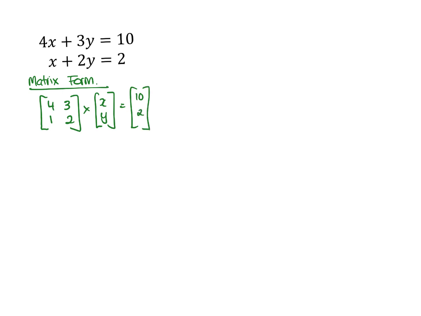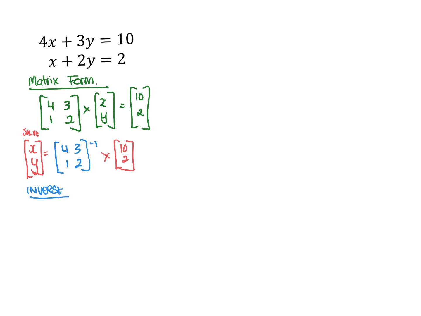Okay, if I had to write how to solve, what I would be doing is finding the inverse of this first one. So I could write it like that, and I'm going to times it by that. So I need to find the inverse first.